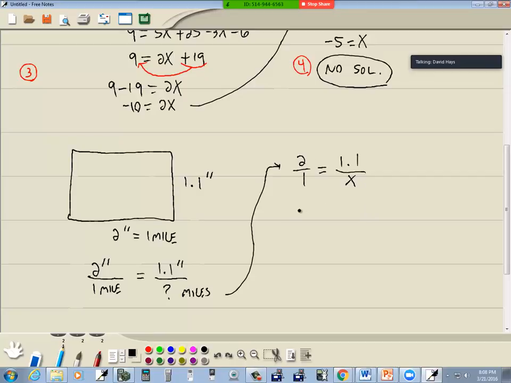So if I cross multiply, we got 2 times x and 1 times 1.1. You can always cross multiply when you got a single fraction equal to single fraction. Now that's the only time you can actually cross multiply. And so that'd give us 2x is equal to 1.1, and then divide both sides by 2.